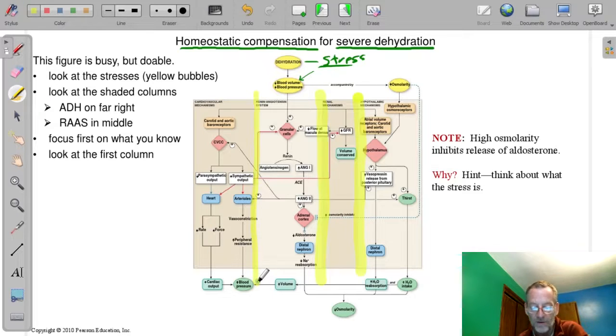So we have 4 different things going on. Okay, so you're just trying to figure out what this picture is showing. And so you're looking at the shaded columns. ADH is over here on the far right.